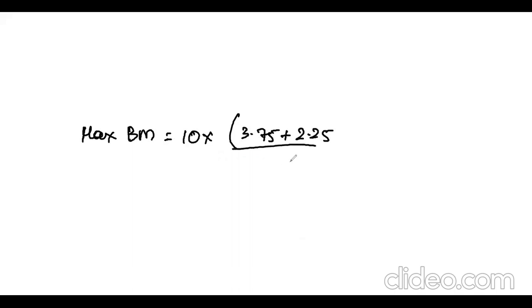So the maximum bending moment is 10 into the area, which is 3.75 plus 2.25. We found this in the previous slide, I have shown that figure. Divided by 2 into the span.